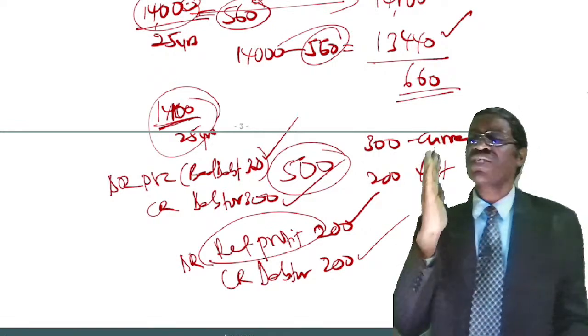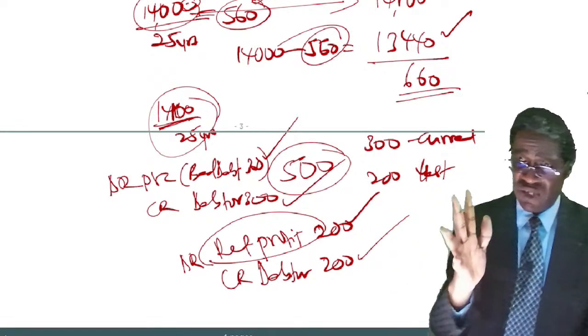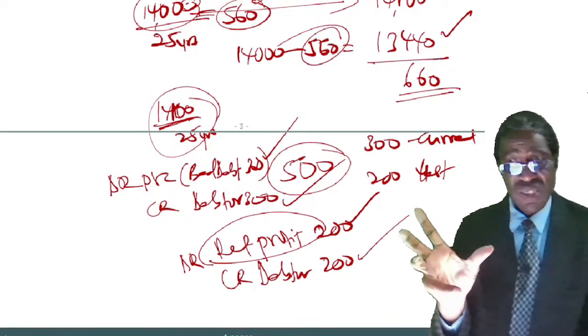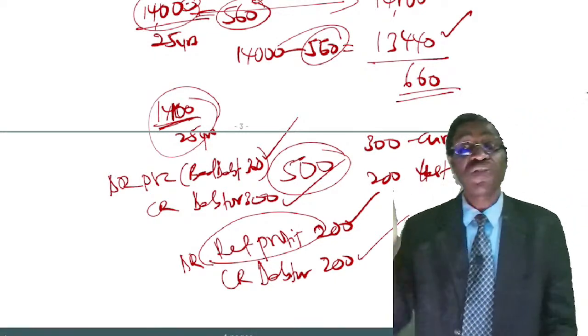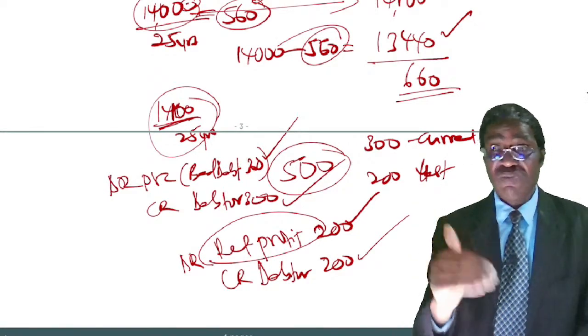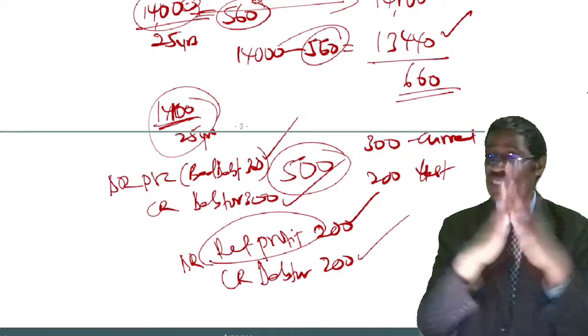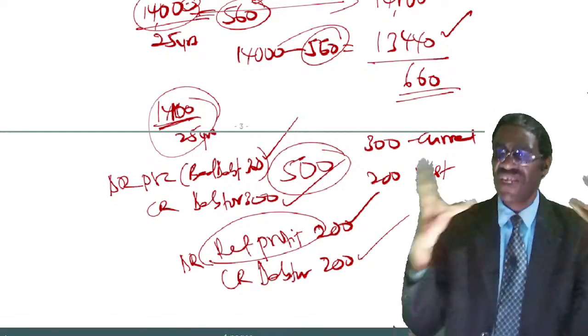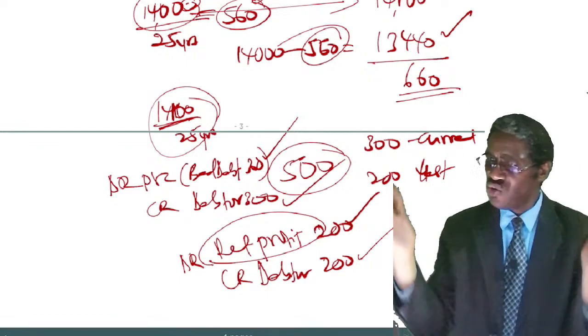So, when it comes to published accounts, listen carefully. You may know the format of the income statement. That's not a problem. The issues come on the additional information. You may know the general format: sales, cost of sales, admin, distribution, profit from operations, finance cost, investment income. Those ones you may know.